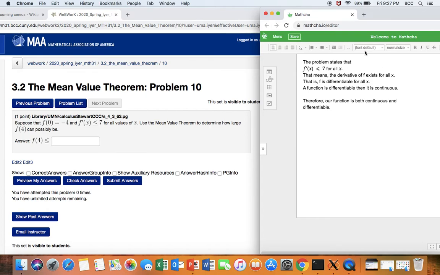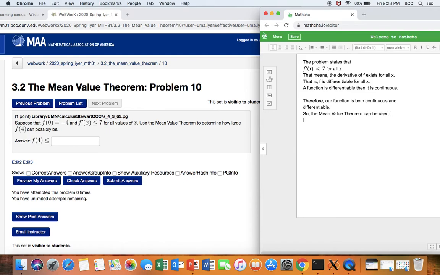So we got all of this from merely this part. This tells me it is differentiable and every differentiable function is continuous. So this alone tells me it's both continuous and differentiable. So the mean value theorem can be used.